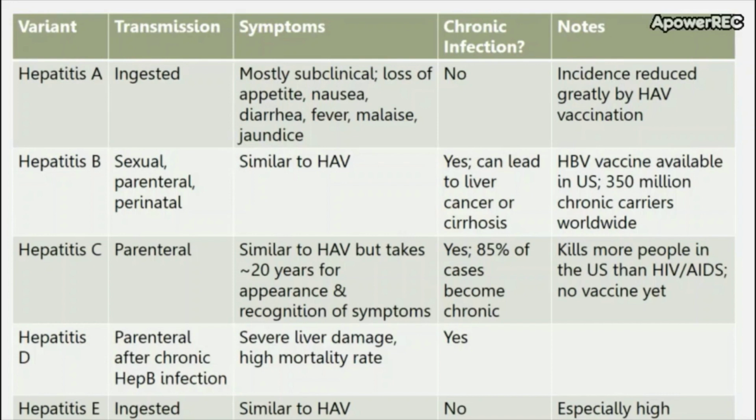Hepatitis D is transmitted through the parenteral route after chronic Hep B infection. So it does require that helper virus first. Symptoms include severe liver damage and a high mortality rate, and it is a chronic infection.